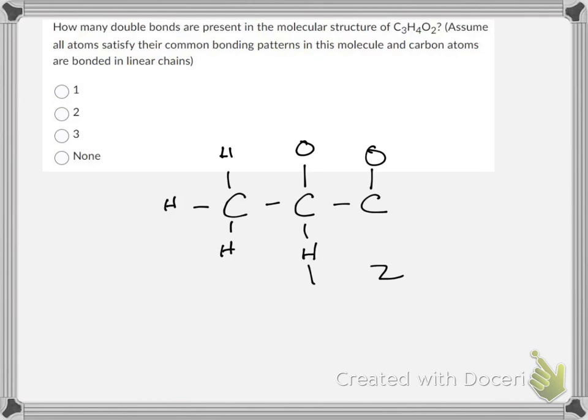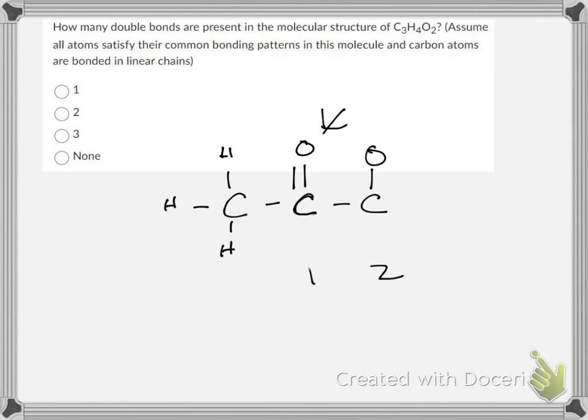Okay, so we could put the hydrogen here, but if we do that, then this oxygen here would not have a full octet. So we can't put it there, so we're going to remove it. Next, the most straightforward thing is to put a double bond attached to that oxygen.